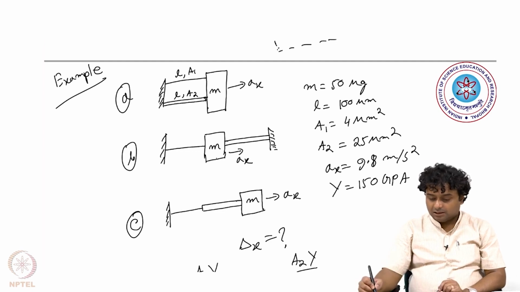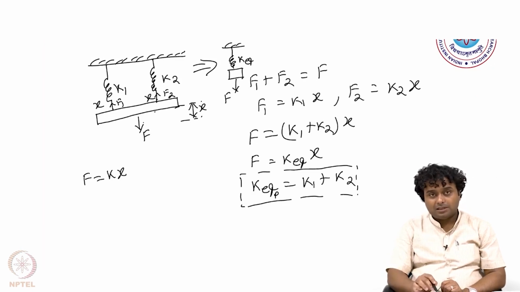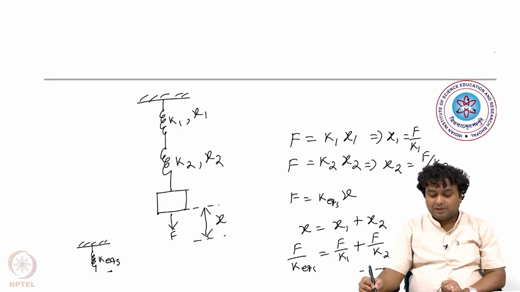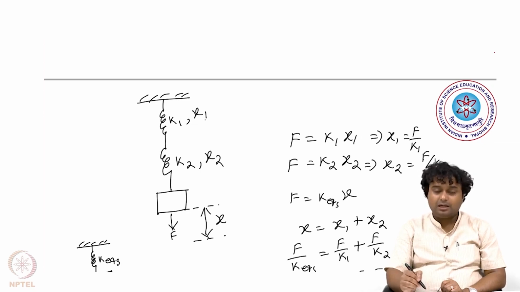As we discussed, when two springs are in parallel, the deflection is the same, but different forces are applied on the two springs. Whereas if two springs are in series, the same force is applied, but there are two different deflections, x1 and x2.